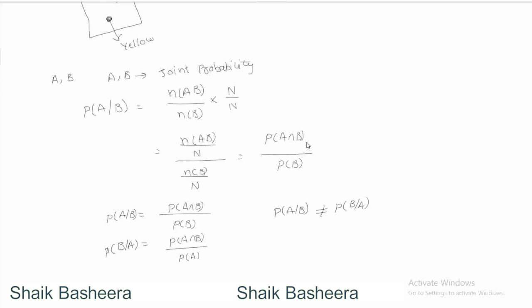Why? Because in the first one, we are calculating the probability of A based on B. Here we are calculating the probability of B based on A values. So these two are not the same.